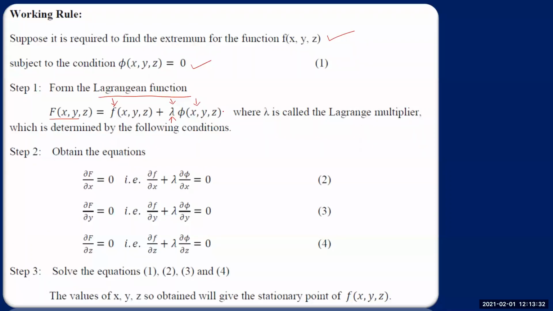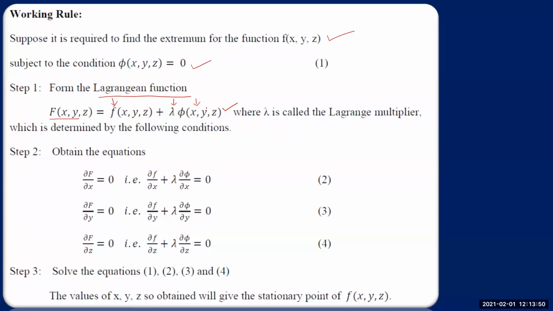Now see, after forming a function of this kind, as we did in the previous case, how many unknowns do you have? X, Y, and Z are the actual 3 unknowns, and you have chosen one unknown by choice, right? We have considered one more unknown, lambda, now.